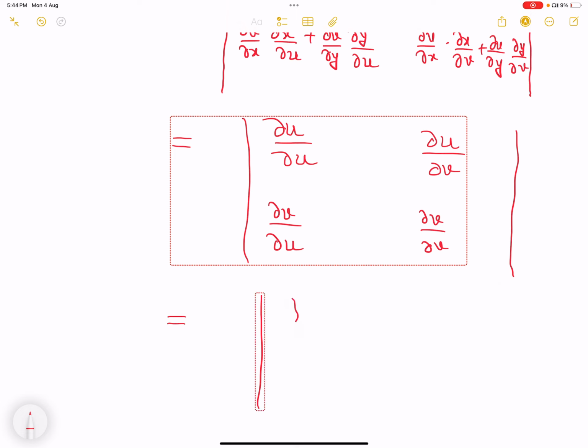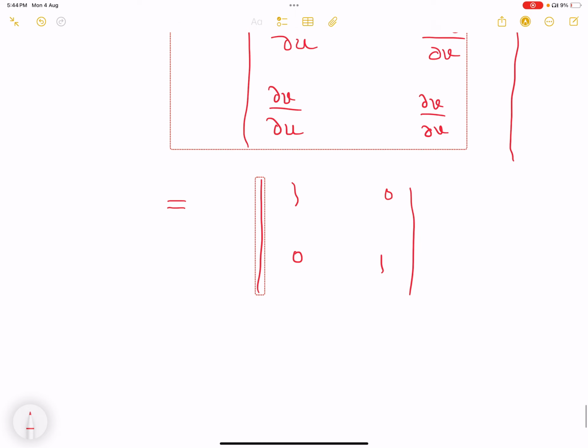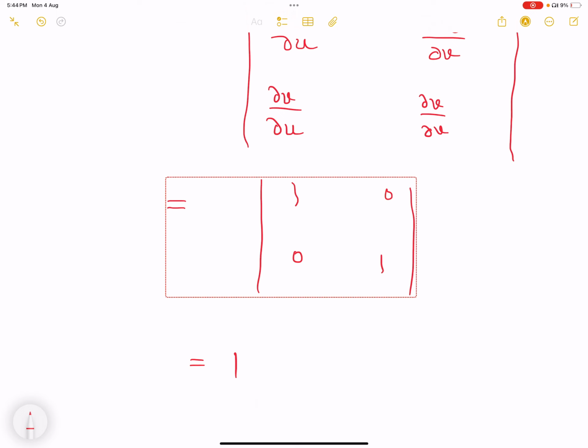Partial derivative of u with respect to v is zero. Partial derivative of v with respect to u is zero. Partial derivative of v with respect to v is 1. So this is the identity matrix, and the determinant of the identity matrix is 1.